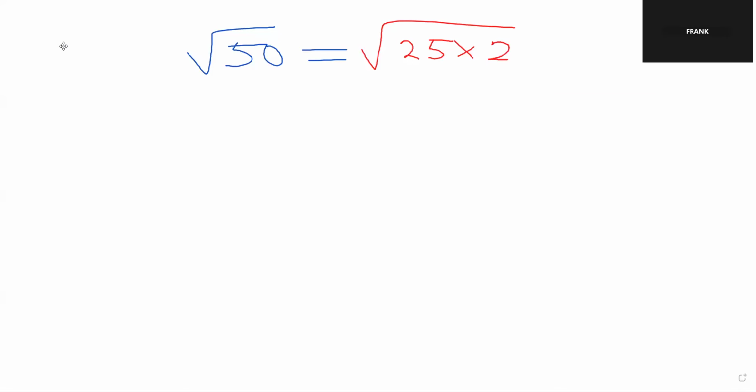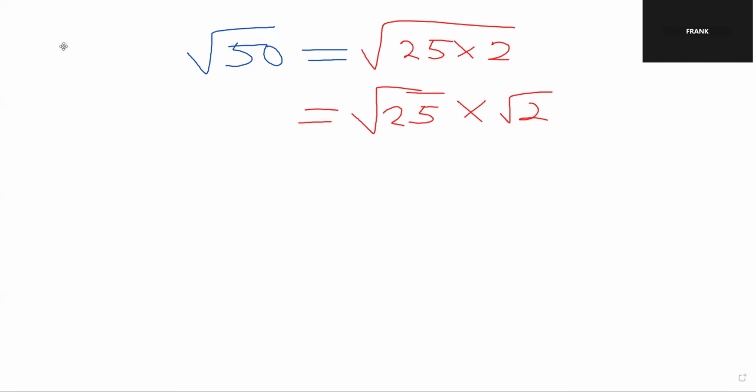So the next example is root 50. If I'm looking at root 50, the first thing is, let me get a perfect square that will multiply a different number to give me 50. We know from what we have discussed previously that it is 25. Now 25 times 2 gives you 50. So now I know the special feature of surds. Once they are multiplying within the surd, I can split them. So that becomes root 25 times root 2.